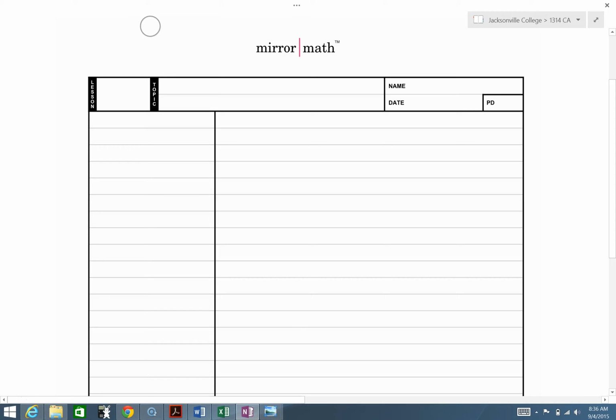In this video, we will be looking at section 2.1. 2.1 deals with linear equations and quadratic equations.